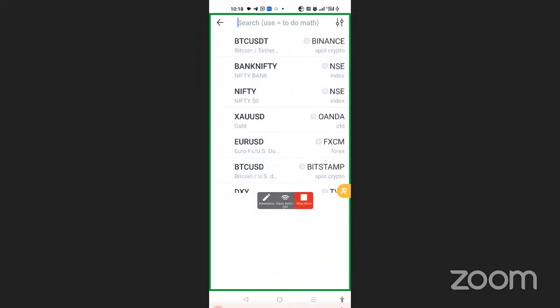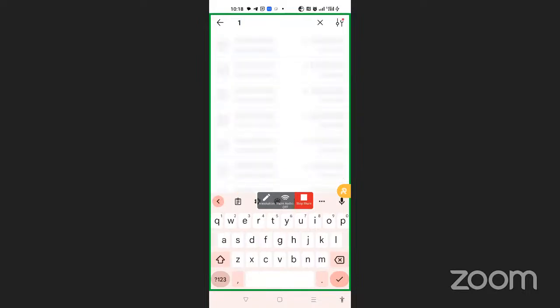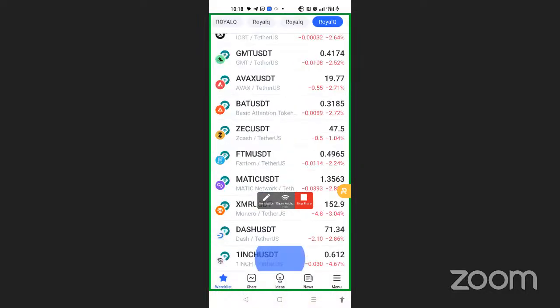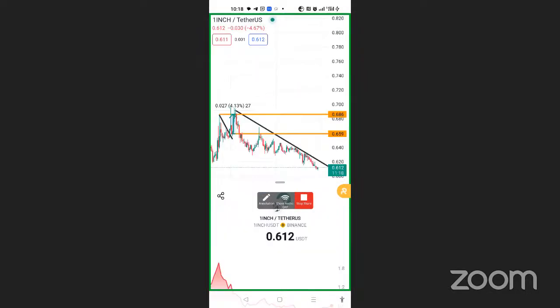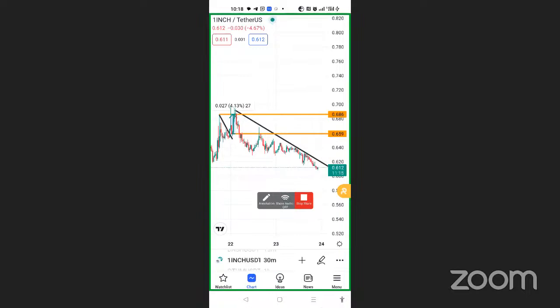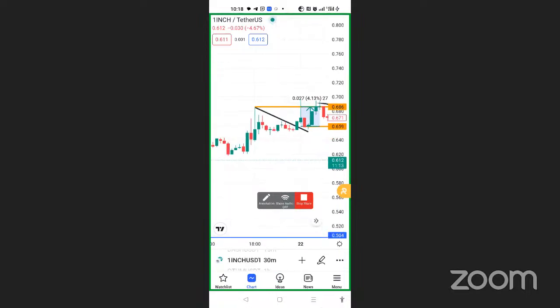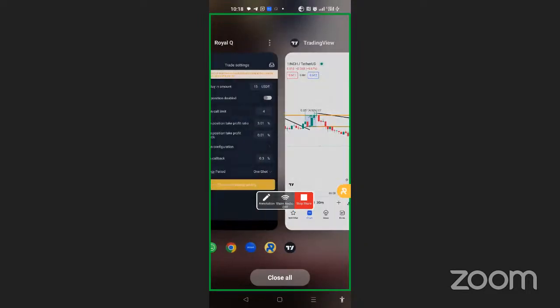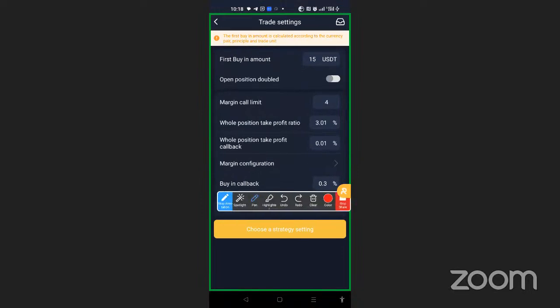A candle keeps on moving up and down, so I want to take advantage of that. That's why even if I have $500, I'll still start with 15.